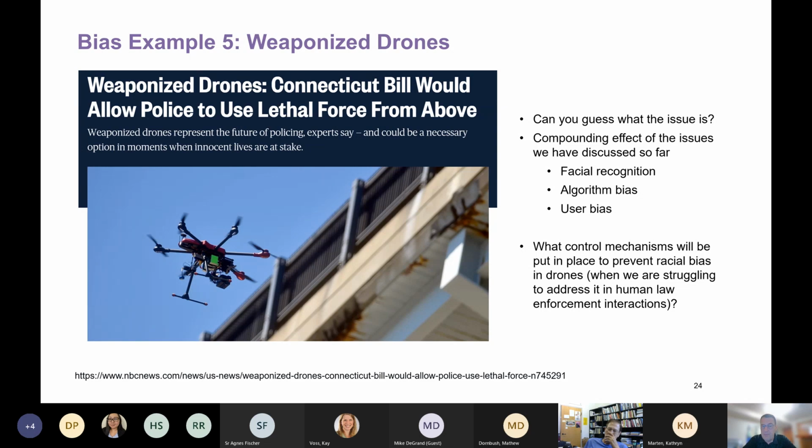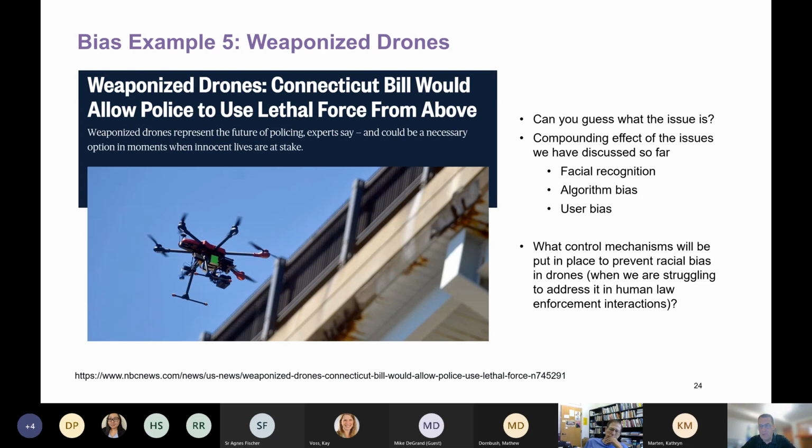That brings us right back to the examples we just discussed. If the facial recognition software is biased, if certain algorithms are biased, and we utilize those in the drones, we could be killing people based on racial bias. And then the question is, what is the control mechanism? What is the prefrontal cortex in the drone that is preventing that?